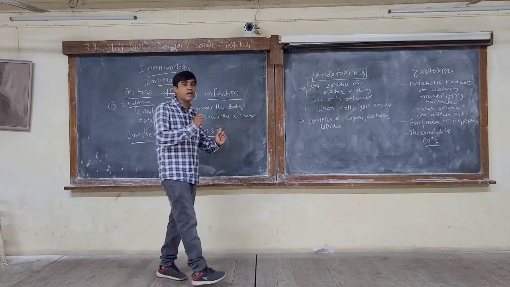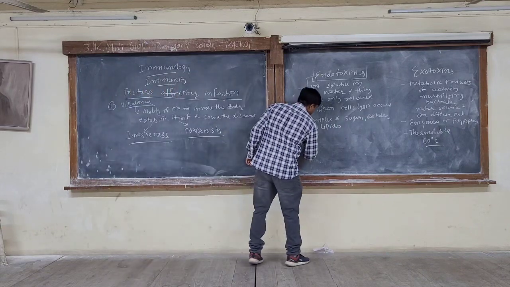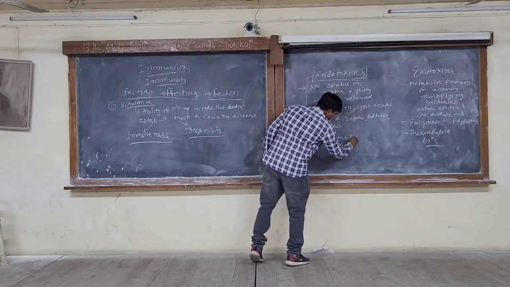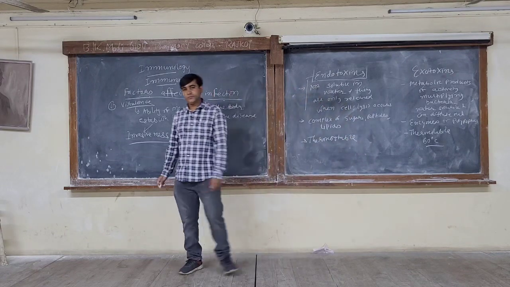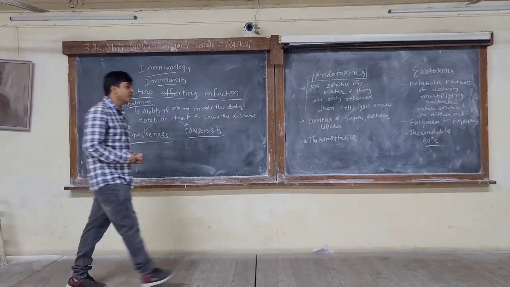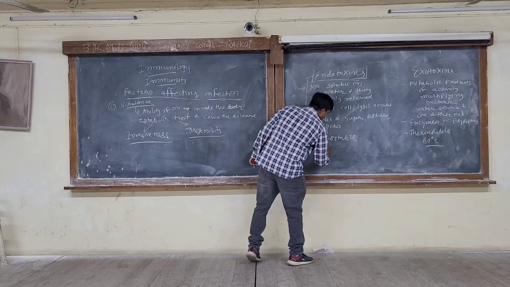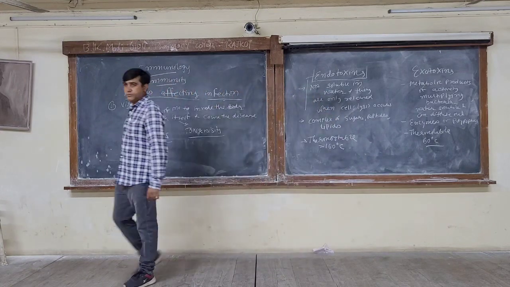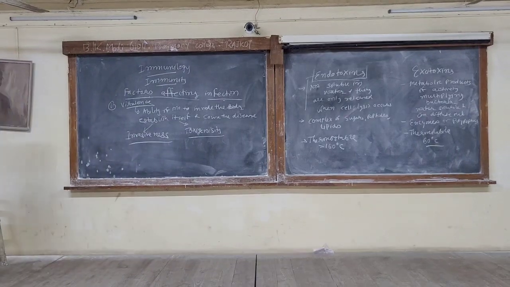But endotoxins are thermostable. They cannot be destroyed easily. For destroying the endotoxins, we need to heat at a temperature above 160 degrees centigrade. And that's why they are a cause of concern a number of times.